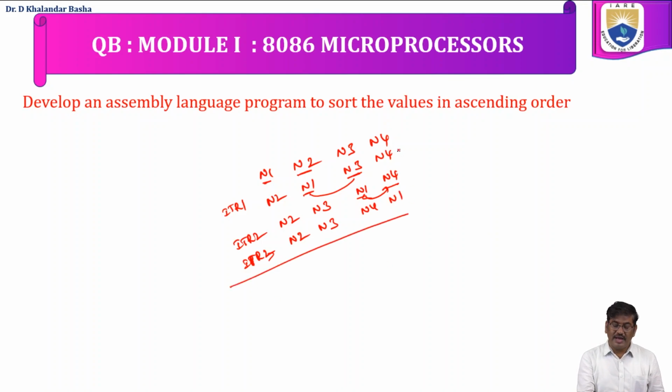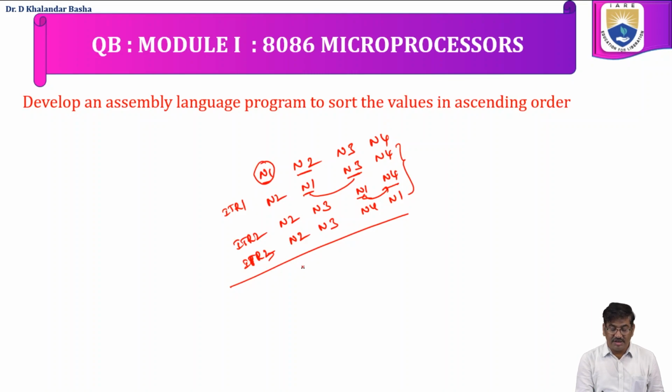So if we have n elements in a given series to sort, we are going to get n minus 1 iterations, here 3 iterations. And here in these 3 iterations we have checked only the N1 value.